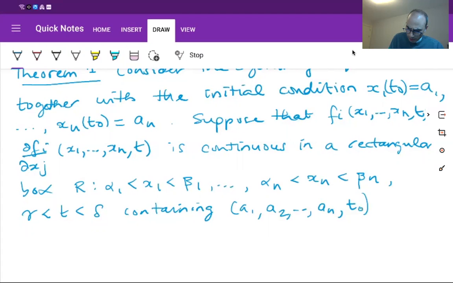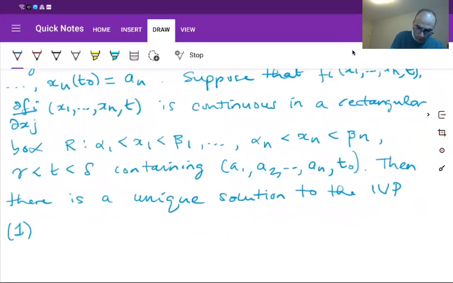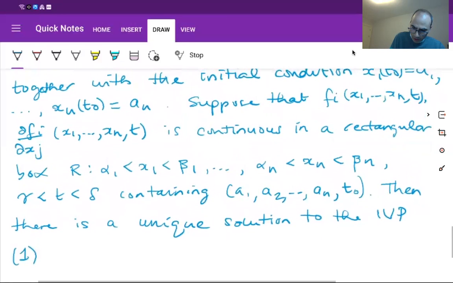So we assume that this is contained inside this rectangular box R. Okay, providing these conditions are met, then there is a unique solution to the initial value problem. So it's an initial value problem, where one is the equation and the initial conditions.